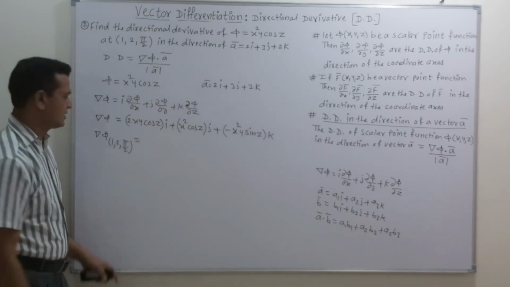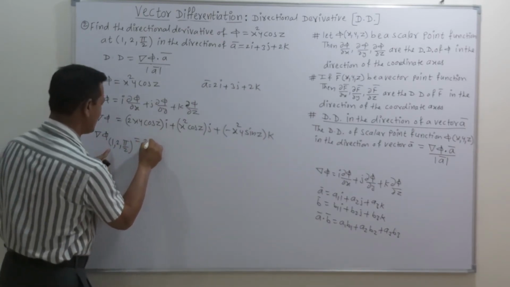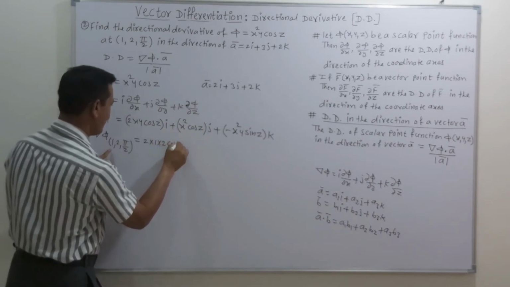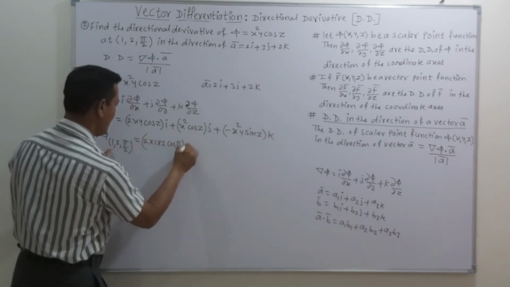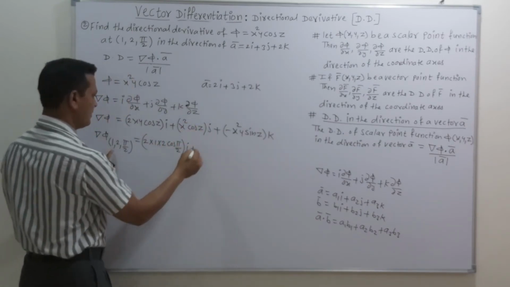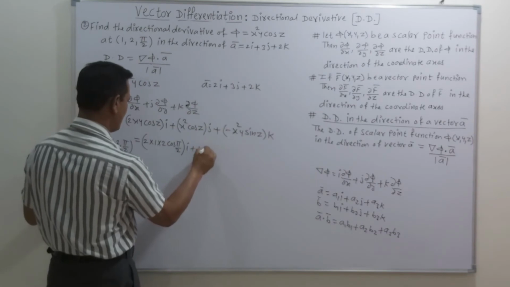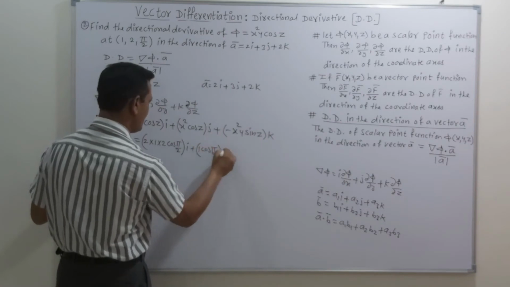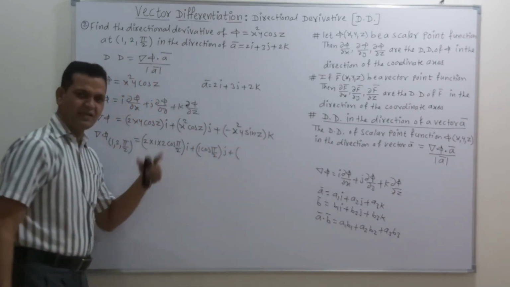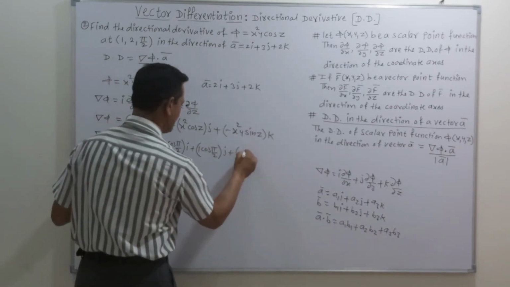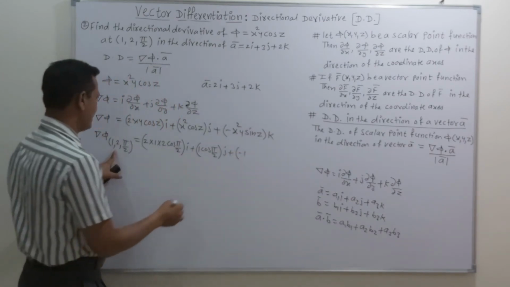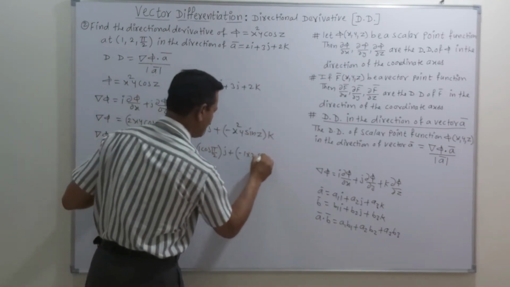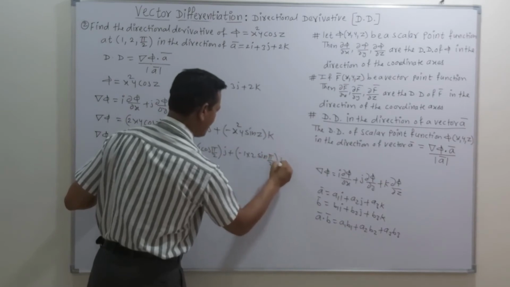Put x equal to 1, so we get 2 into 1 into 2 into cos of pi by 2 into i, plus x square, which is 1 square is 1, then cos of pi by 2 into j, plus, putting the value of x again, minus as it is, 1 square is 1, then into 2, then sine of pi by 2 into k.